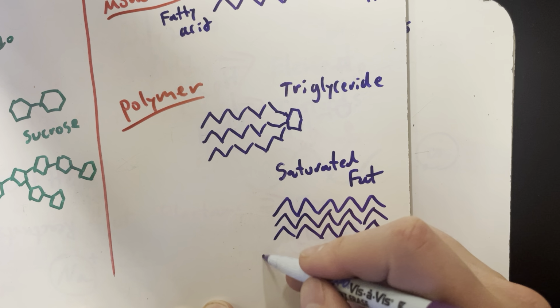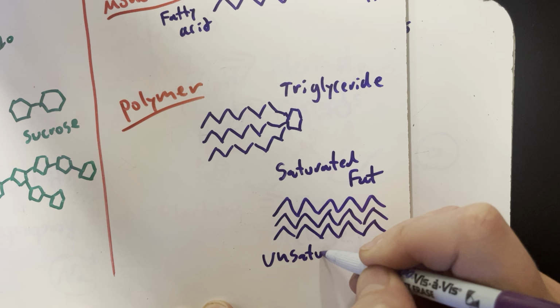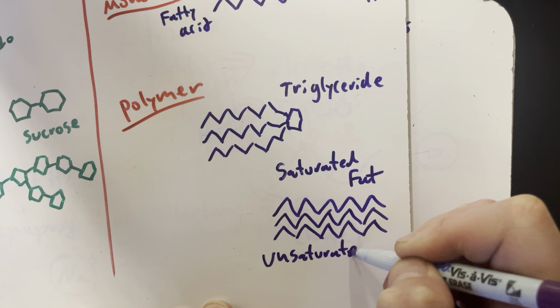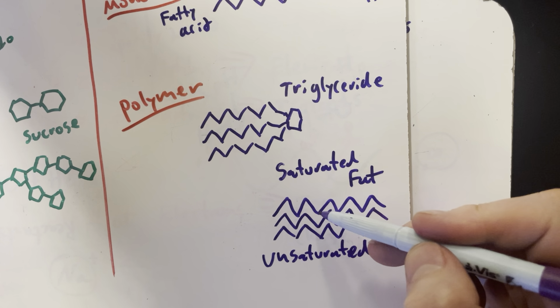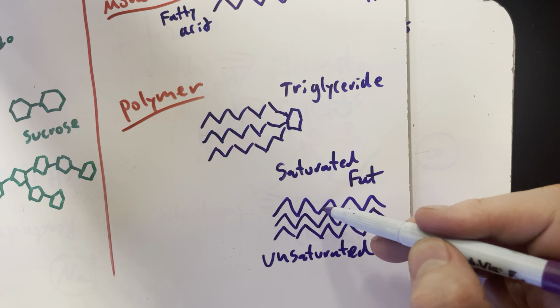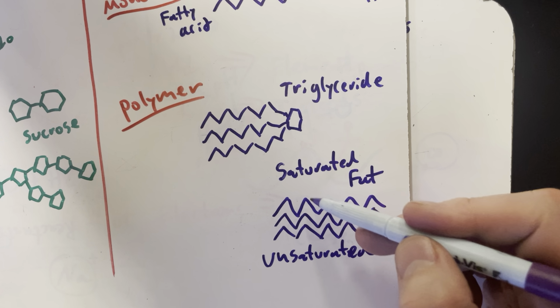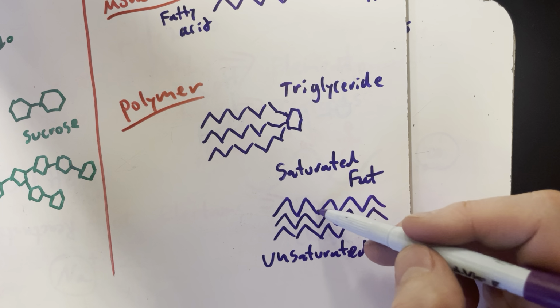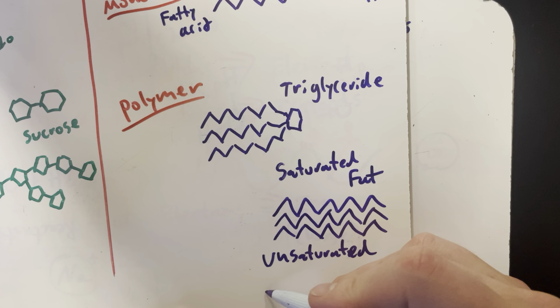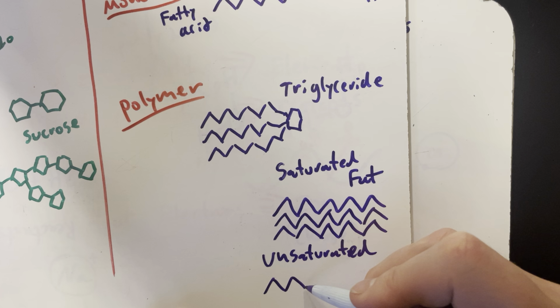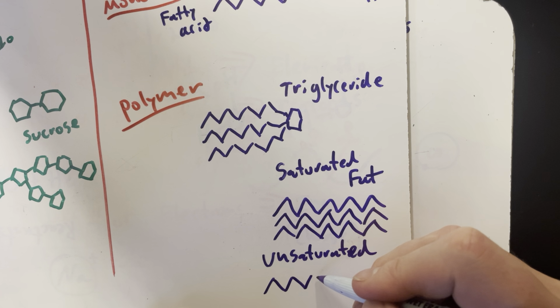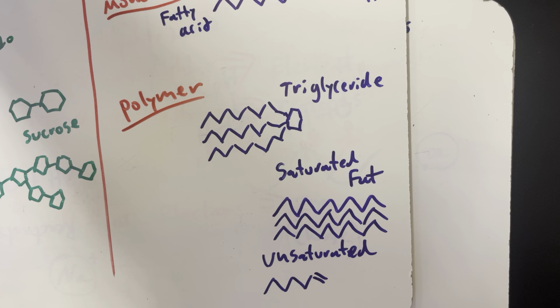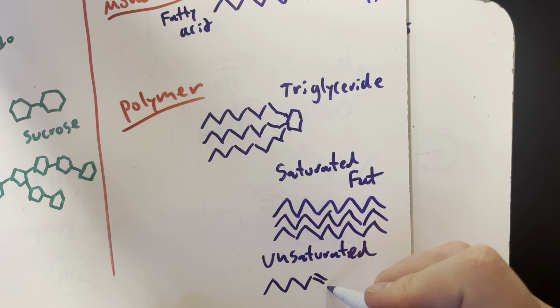The unsaturated means that in some places it's missing the hydrogen that goes here, right? So instead of making a bond with more hydrogen, carbon ends up making these double bonds. It'll go up, down, up, down, up, down like this, and then all of a sudden there'll be a double bond, and that forms a kink in the chain. And then it'll go like this, in some other direction.